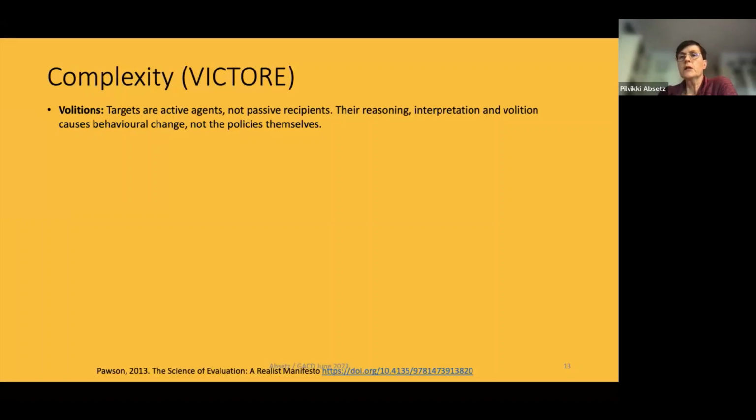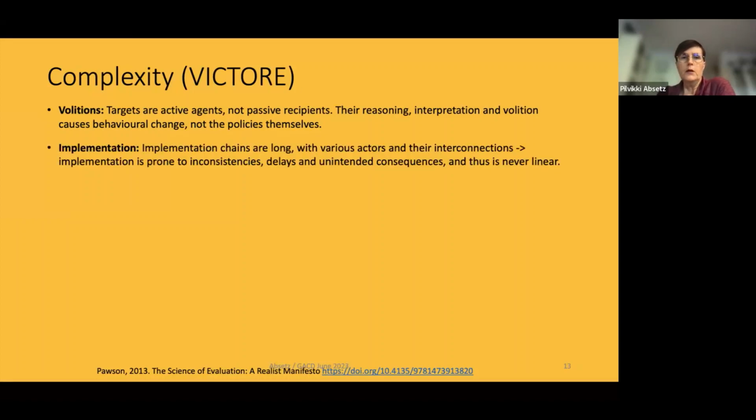Their reasoning, interpretation and volition cause the behavioral change, not the policies themselves. So that's something that needs to be understood.